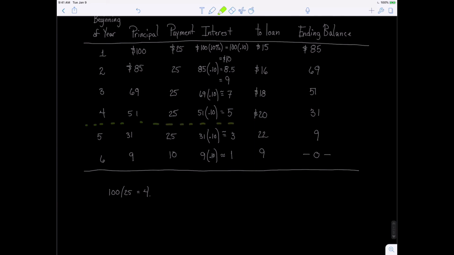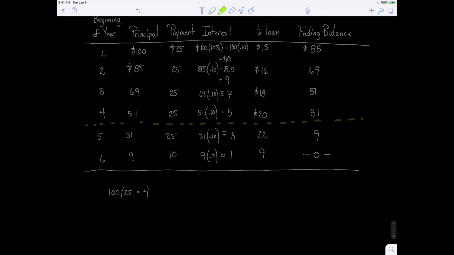Notice at the end of the 4 years, you still have $31 remaining. That's almost a third of the loan. The reason for that is because you pay interest on the loan. We say that interest is what you're paying someone for the convenience of borrowing their money. So that interest is how someone else makes money, and it's how you pay for the cost of borrowing money.